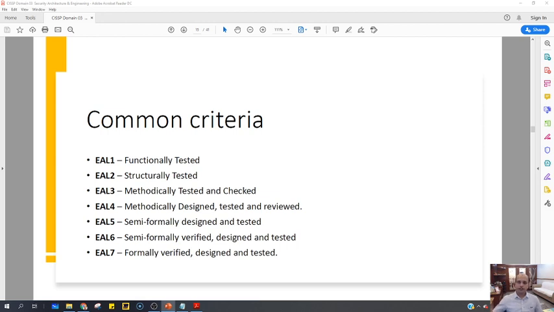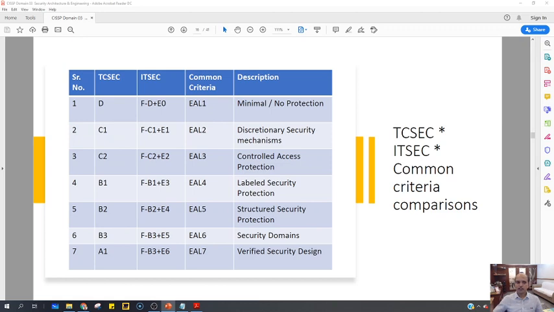Okay, so moving further, I have given a comparison table here, in which you can see a comparison between TCSEC, ITSEC, Common Criteria and the description of the same. So it is very helpful in the exam. You can say that the A1 level of TCSEC is equivalent to EAL level 7 of Common Criteria, and for ITSEC it is F-B3 plus E6, right?